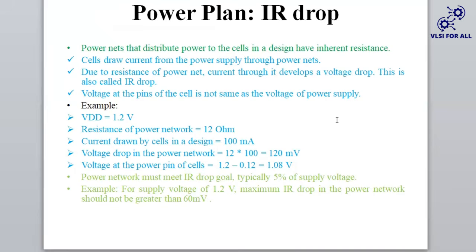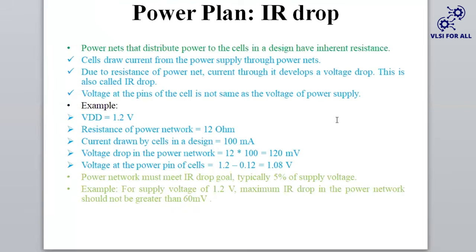The voltage drop occurs because these metal wires, which you are using to connect macro pins and standard cell pins, have some resistance in them, which is a parasitic resistance. When a current goes through, there is a voltage drop in it.